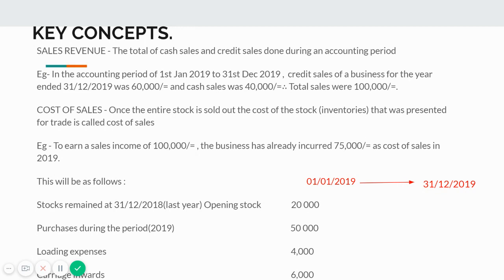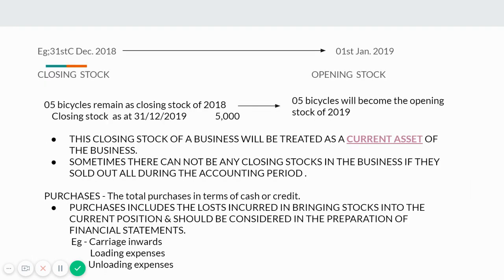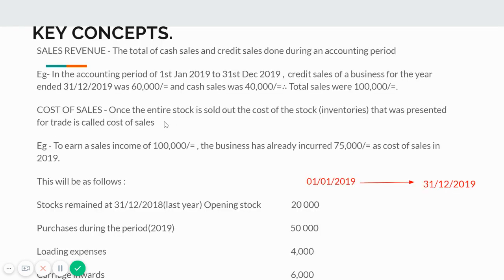Then at that time, we have to consider the closing stocks during the period as well. This 5,000 rupees is the closing stock during this accounting period. Our accounting period started from 1st of January 2019 and goes up to 31st December 2019.